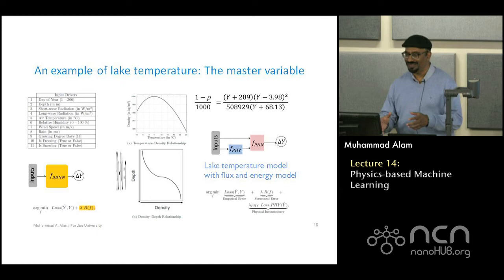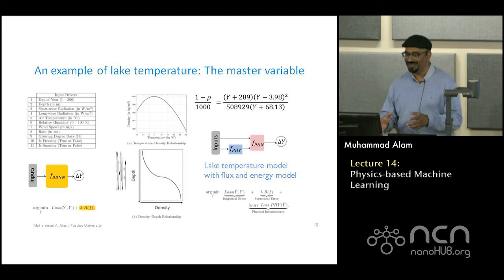Whatever you do in here, whatever combination of parameters, you know this is a fact. And so therefore, y is the temperature. Whatever you do, you have to make sure that this relationship between density and temperature is respected.